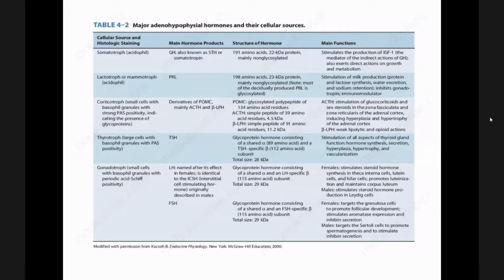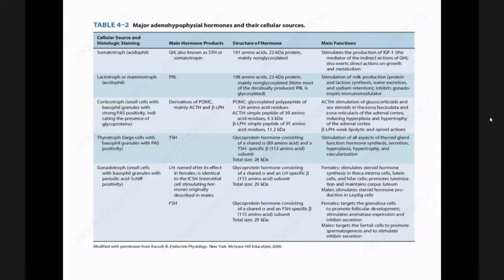So these are the hormones secreted from the anterior pituitary. Somatotropes secrete growth hormone, which ultimately helps in the production of insulin-like growth factor and acts on growth and metabolism. Lactotropes or mammotropes secrete prolactin, which helps in milk production and inhibits gonadotropin. Corticotrophs secrete pro-opiomelanocortin, adrenocorticotropic hormone and beta-LPH, which ultimately help in the secretion of corticosteroids or sex steroids from the zona fasciculata and zona reticularis.